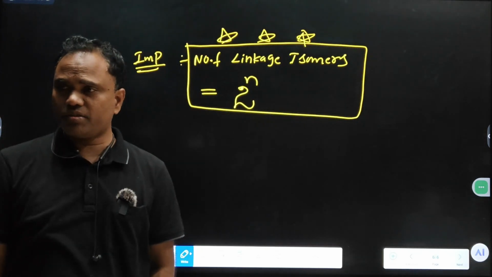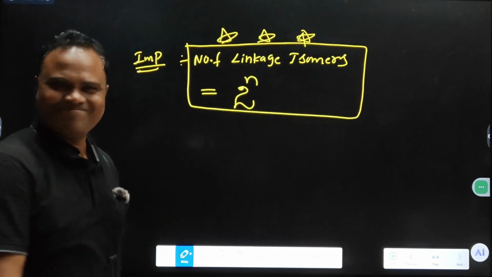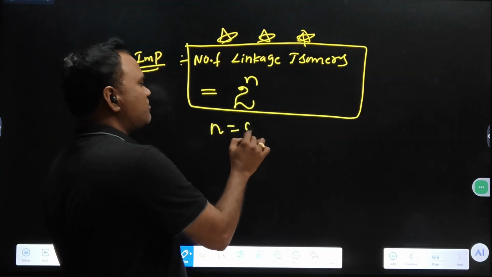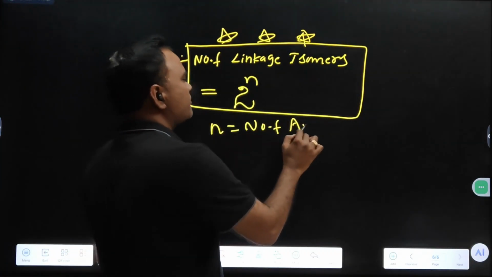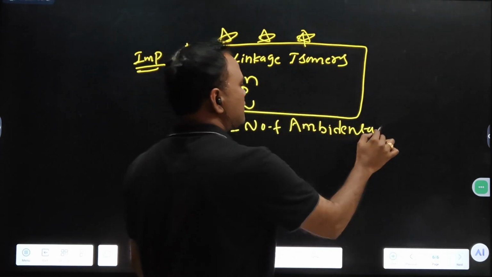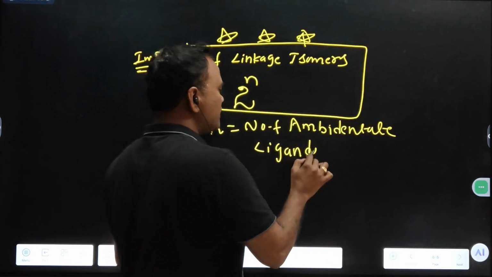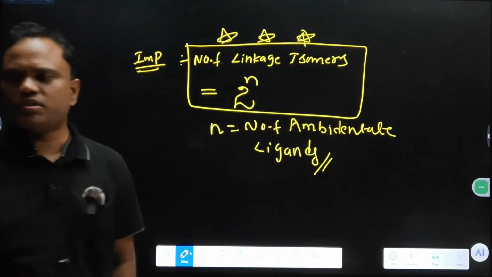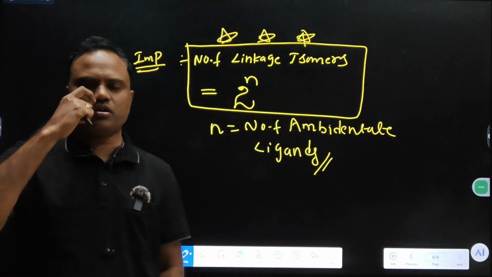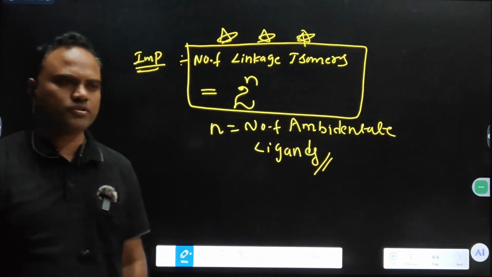Number of linkage isomers. What is the formula? N is equal to the number of ambidentate ligands. I'll ask you this formula during calculation of geometrical, optical and total isomers.